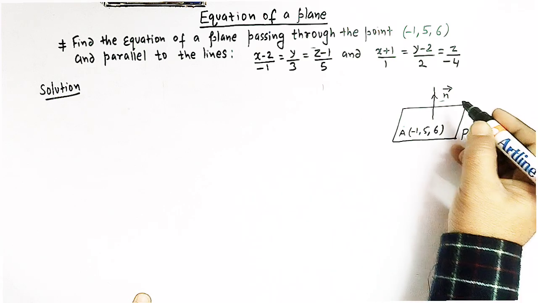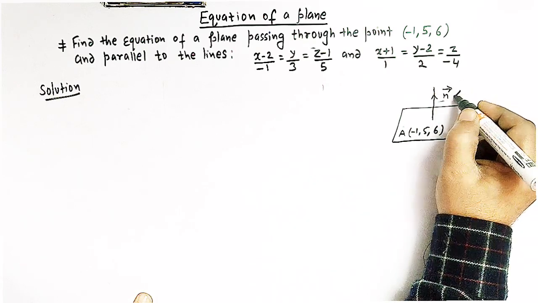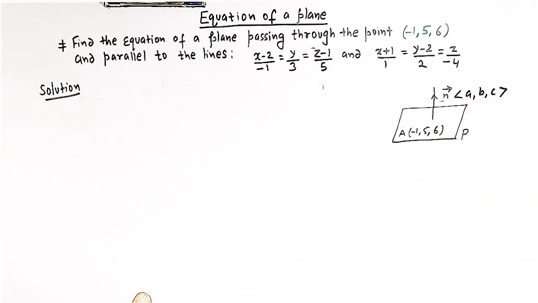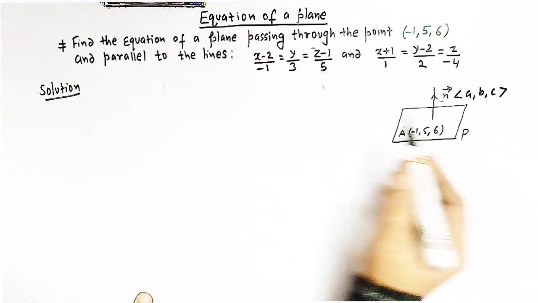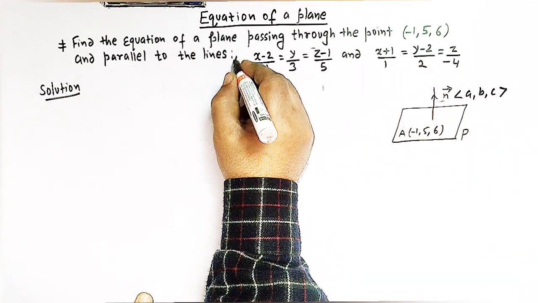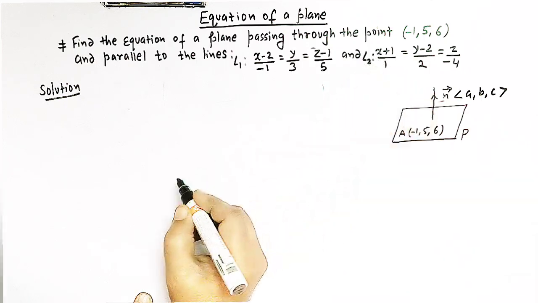Now let us assume that the direction ratios of this normal vector are A, B and C. We are given that this plane P is parallel to these two lines. Let us denote this line by L1 and this line by L2.